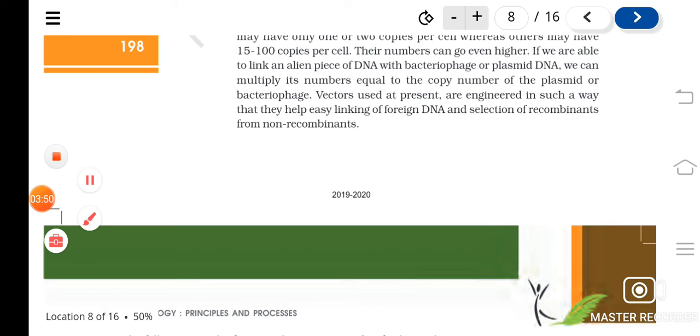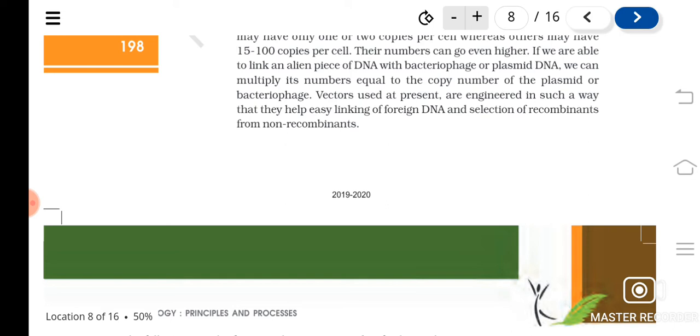The vectors used nowadays are designed in such a way that they help easy linking of the foreign DNA, and also help to select recombinants from the non-recombinants.